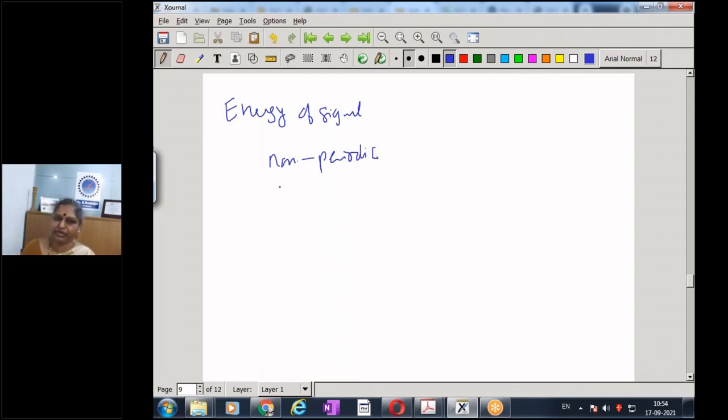If I want to compute, by definition, this is given by the integral from minus infinity to infinity of x square t dt. This is how we can compute the energy of a signal. Given any signal, you just square the signal and then compute the integral, then we can get the energy of the signal.